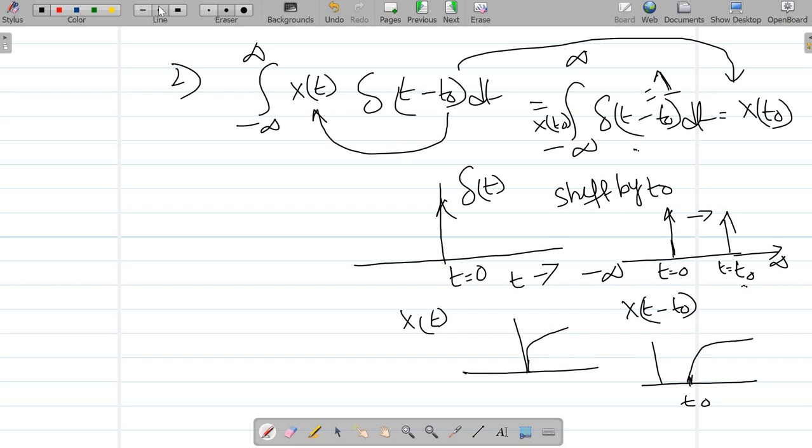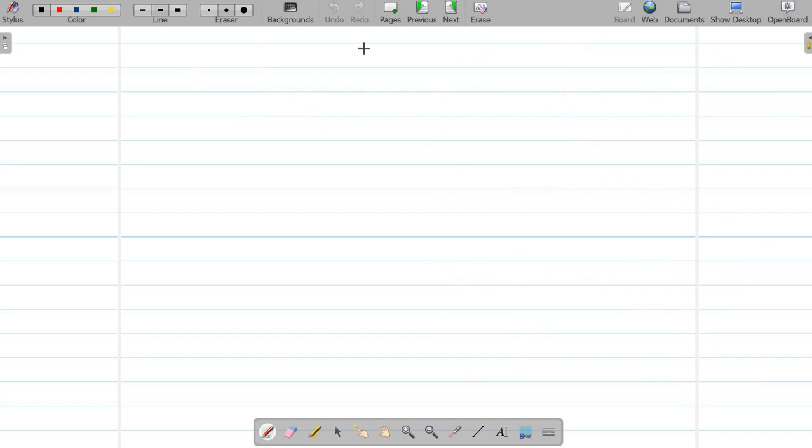Now let us take the next property. If you have delta of a t, then this becomes 1 over the magnitude of a times delta of t.